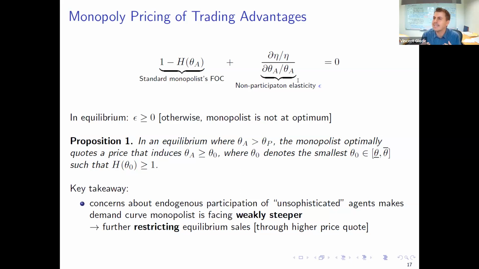Since the monopolist is internalizing the impact of the quantity of trading advantages sold on participation, the monopolist will be weakly more careful than a standard monopolist when increasing quantity, when charging low prices.